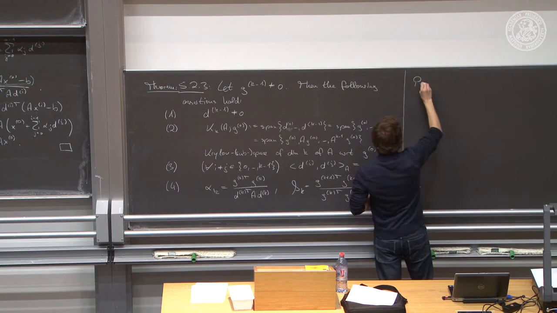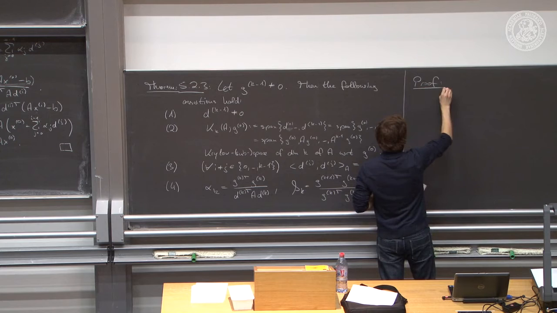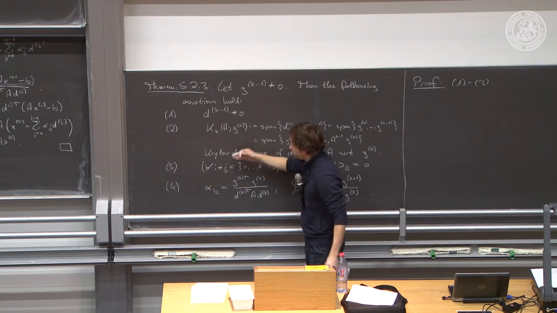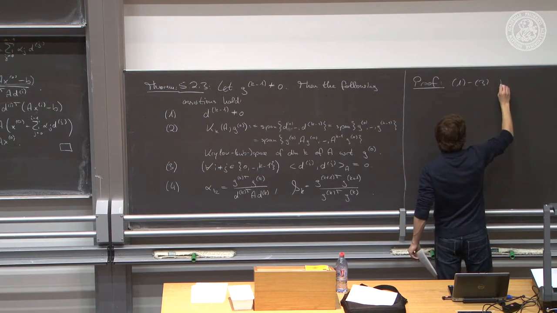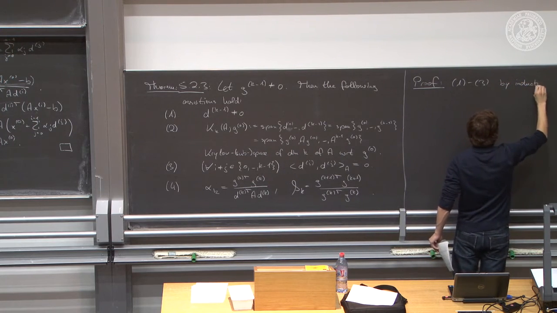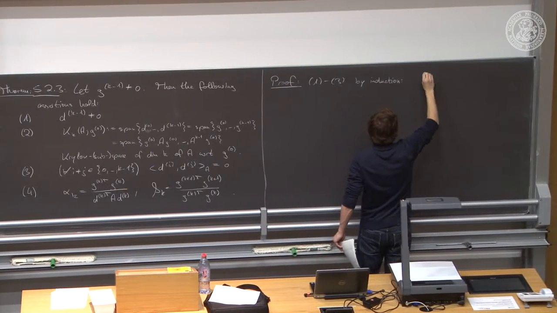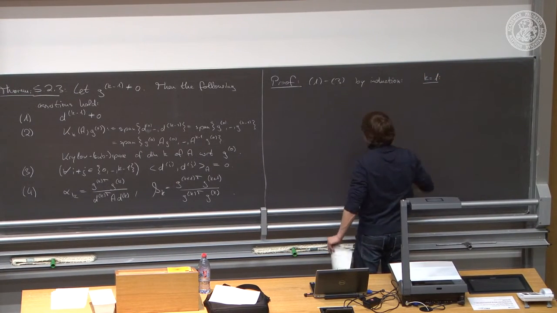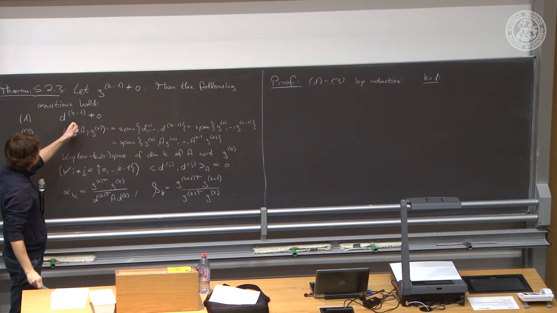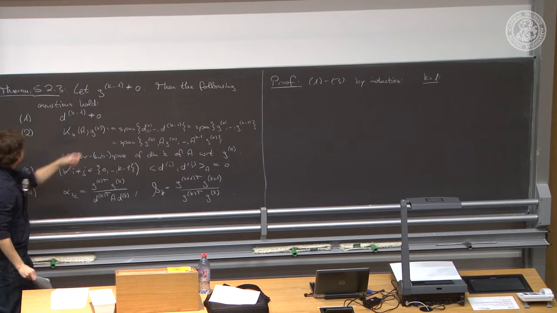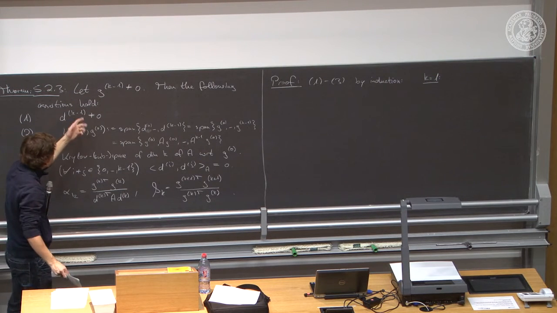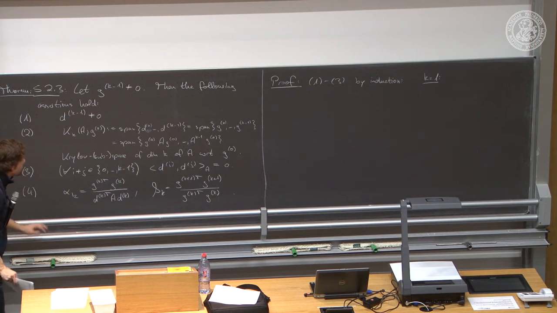So let's also prove these assertions. The first three assertions here we prove by induction with respect to k. For the case that k equals 1, it's quite trivial since d0 is nothing but minus g0, and g0 is not equal to 0. That means that minus g0 is of course not equal to 0.